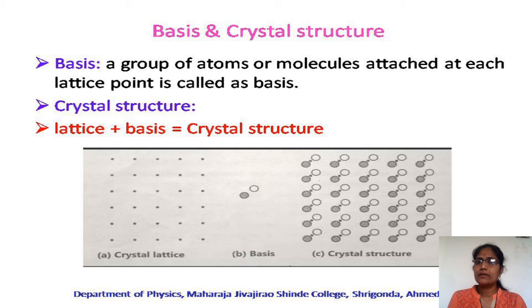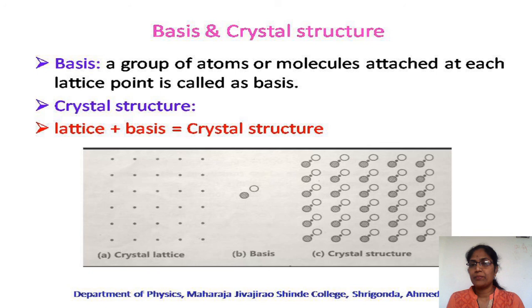Basis is nothing but a group of atoms or molecules attached at each lattice point, and the same is shown in this figure. The crystal lattice is shown by a regular periodic arrangement of points. To each point we have to attach a basis. So lattice and basis, that is, the group of atoms or molecules attached at each lattice point, give us the crystal structure.